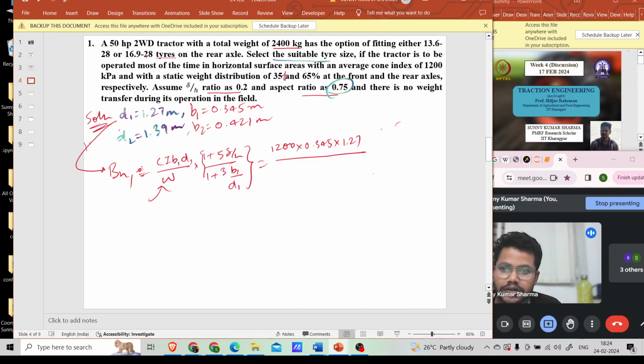Select the tire with a static weight distribution of 35%, 65%. What will be the weight coming on one wheel?